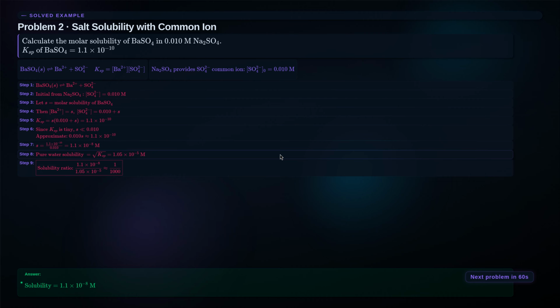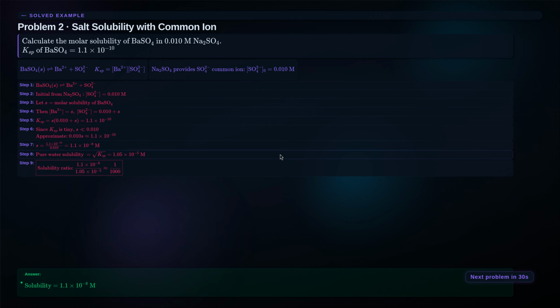Step 3. Since Ksp is tiny, S is much less than 0.010. Approximate: S times 0.010 approximately equals 1.1 times 10 to the negative 10. Step 4. S equals 1.1 times 10 to the negative 10 divided by 0.010, which equals 1.1 times 10 to the negative 8 molar.